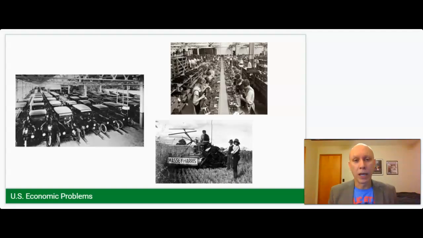The problem that began to emerge, though, is that with so much food being produced, there was a major surplus of a lot of agricultural products, and that drove down the price farmers could sell them for. Farmers, as time went by, found it harder and harder to make money selling their crops.